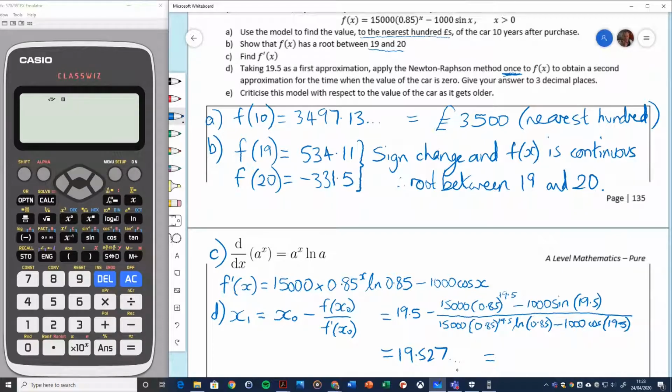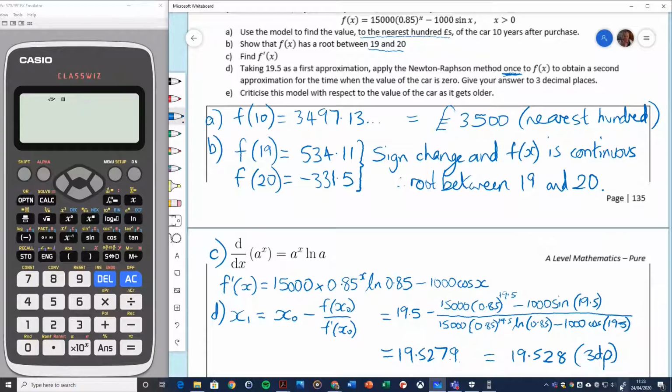So 19.528, because the fourth decimal place was a 9. So it's 19.528 to 3dp. So that should be a slightly more accurate approximation than 19.5. So that was part D.